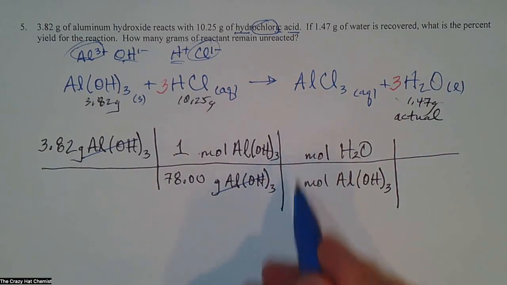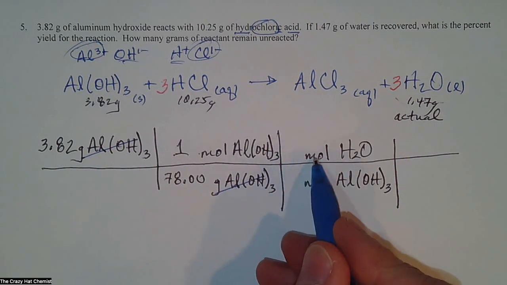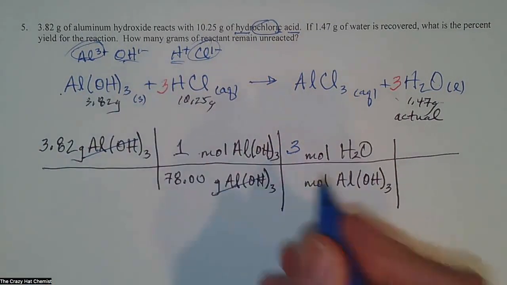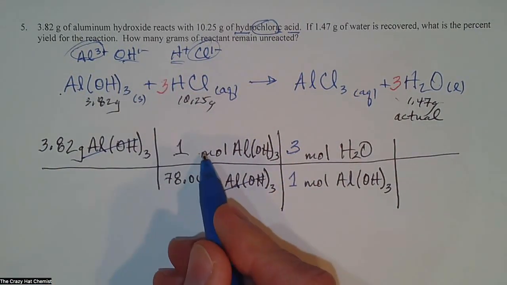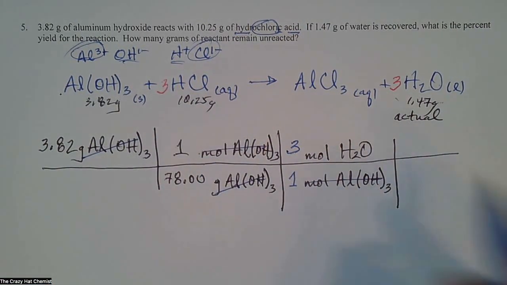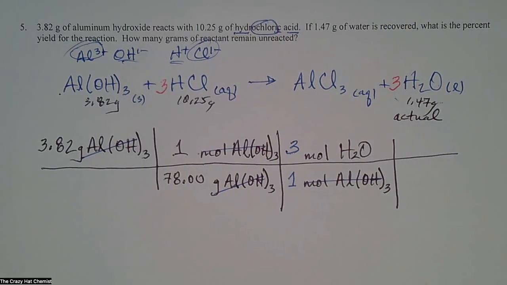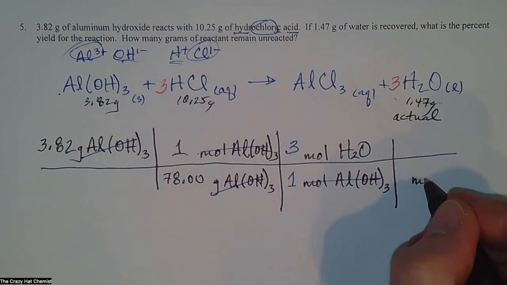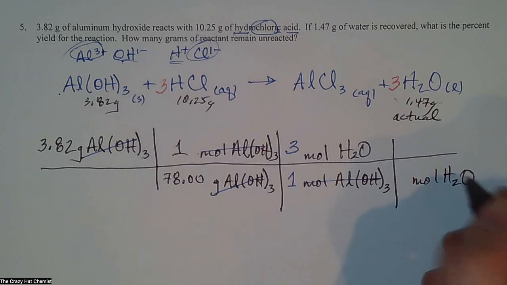I'm going to use the stoichiometric coefficients here. For water, it's a 3, and for the aluminum hydroxide, it's a 1. That enables me to cancel out the moles of aluminum hydroxide. I have one more step to get to the mass of water. Okay, so moles of water here in the numerator, moles of water here in the denominator.